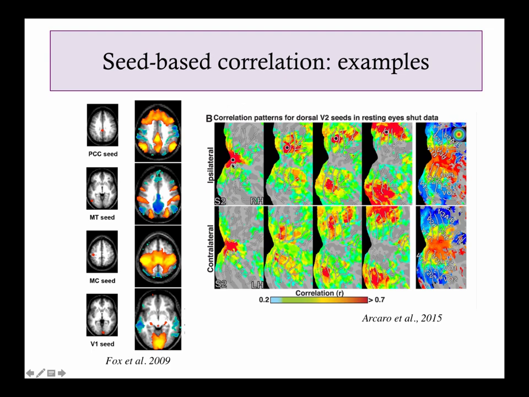So when they placed a seed in different areas of visual cortex that corresponded to different eccentricity representations, it looked like the highest correlations in each case tracked to the areas with a similar eccentricity, and even in the contralateral hemisphere. And these color-coded areas were the actual boundaries they had mapped with a task. And this was in the resting state data where the eyes were closed, so it's pretty cool that this organization emerges just from the spontaneous activity.